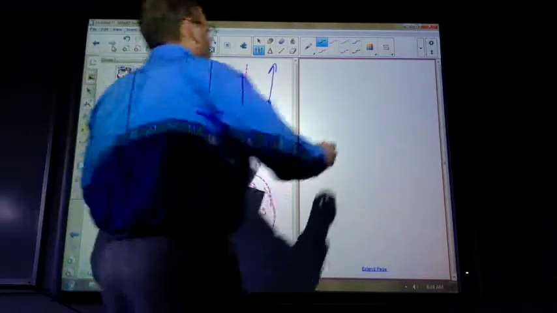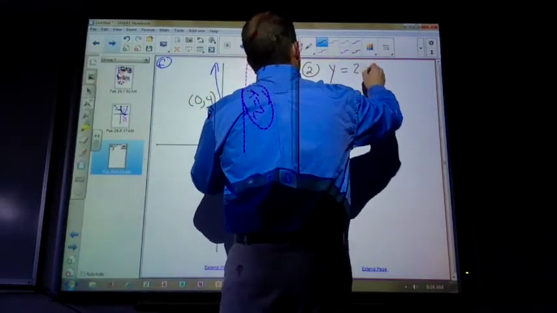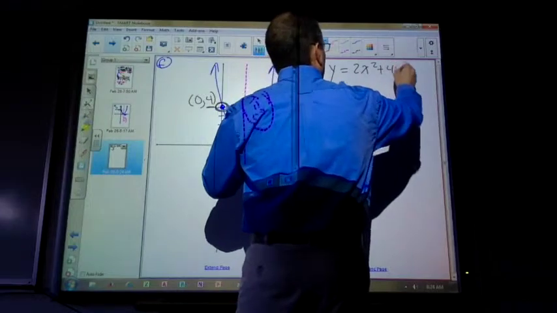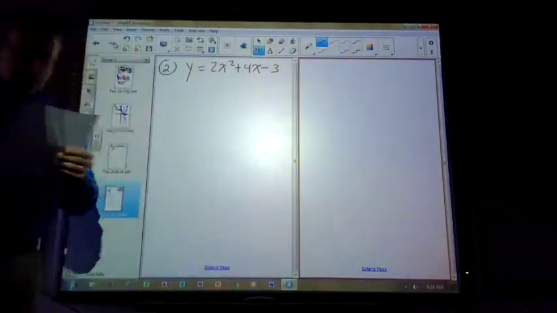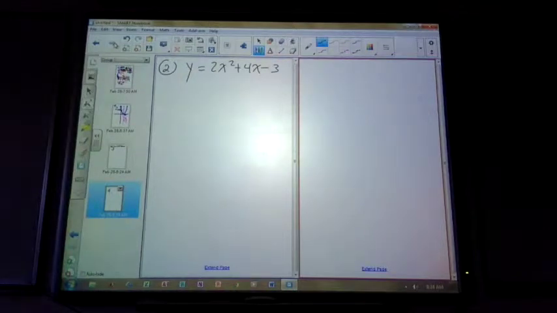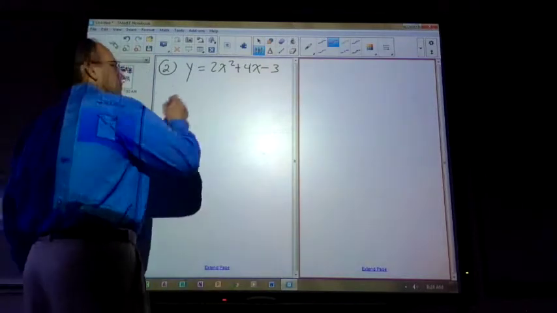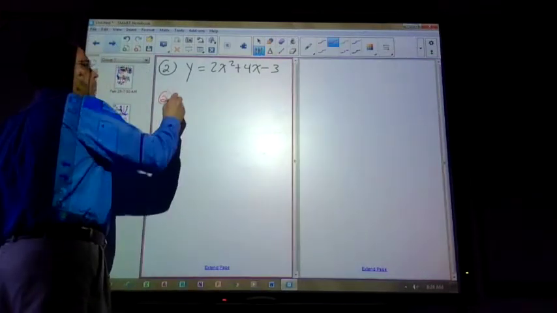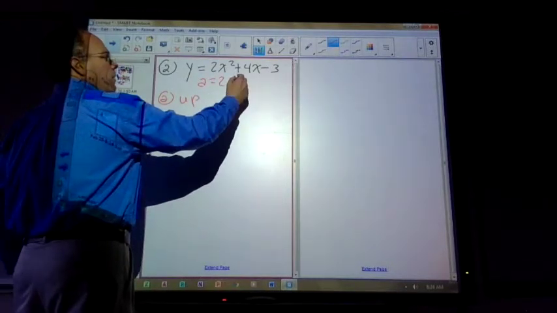Problem number 2. We have y is equal to 2x squared plus 4x minus 3. Okay? So, item number A. Up or down? Up. Why do you know that? My A value is 2. What's my B value? 4.